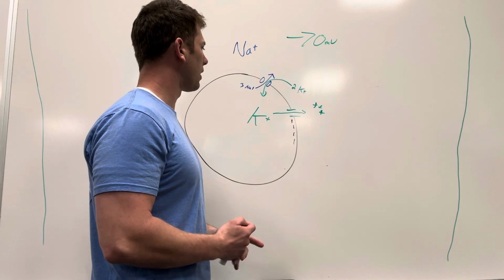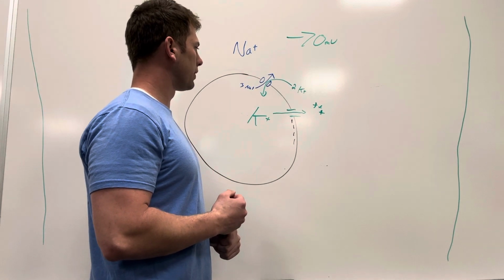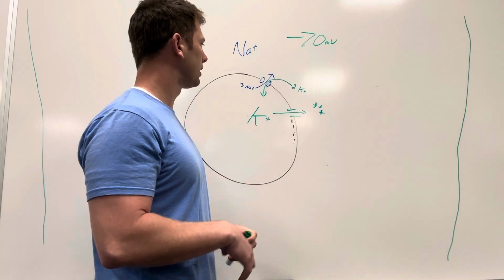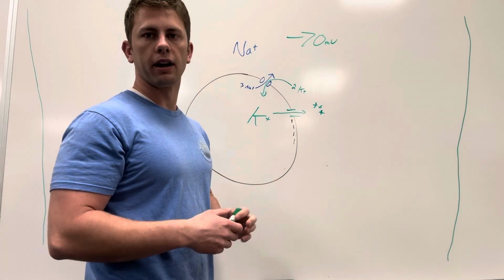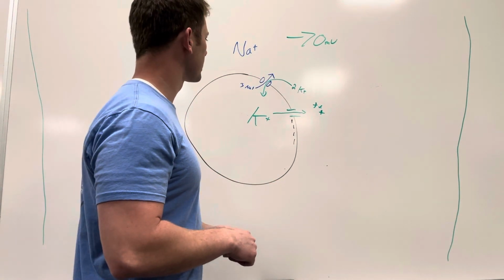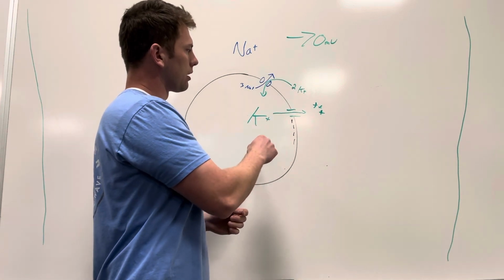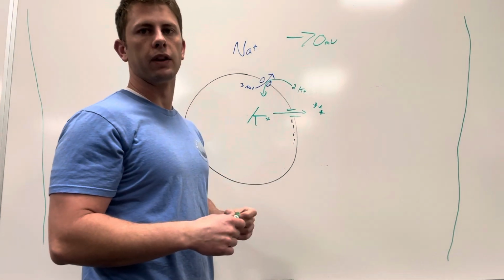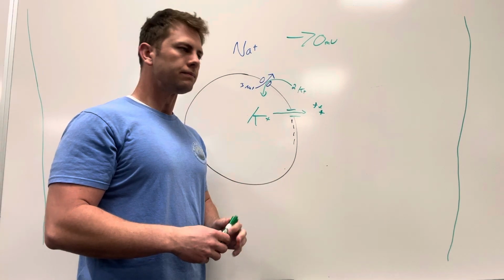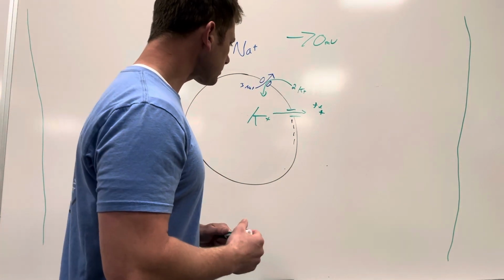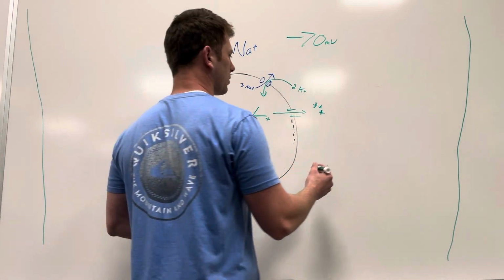But we can figure out, if the cell is totally permeable to 1 ion, in a fake scenario, this doesn't happen in a real cell, the charge the cell membrane would be if the cell membrane was just permeable to potassium. And that's through the Nernst equation.